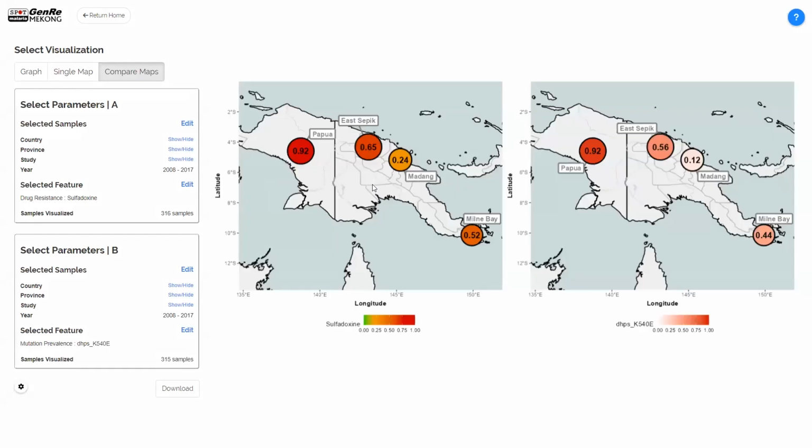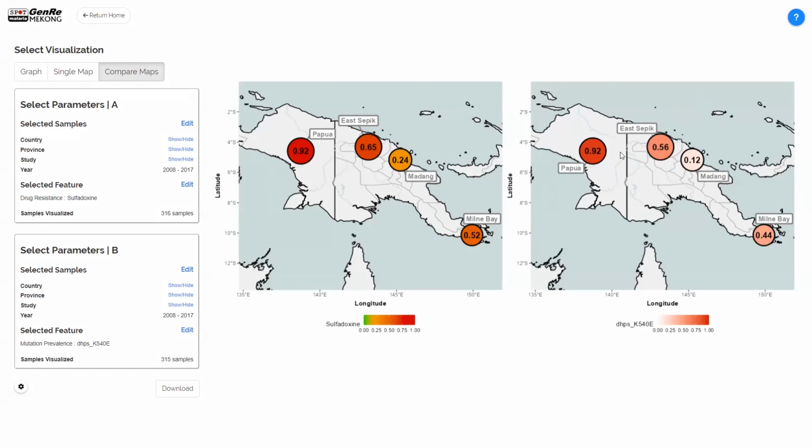All right, so here I can see that there is a correspondence, though not a 100% absolute correspondence, between sulfadoxine resistance and DHPS K540E mutation.